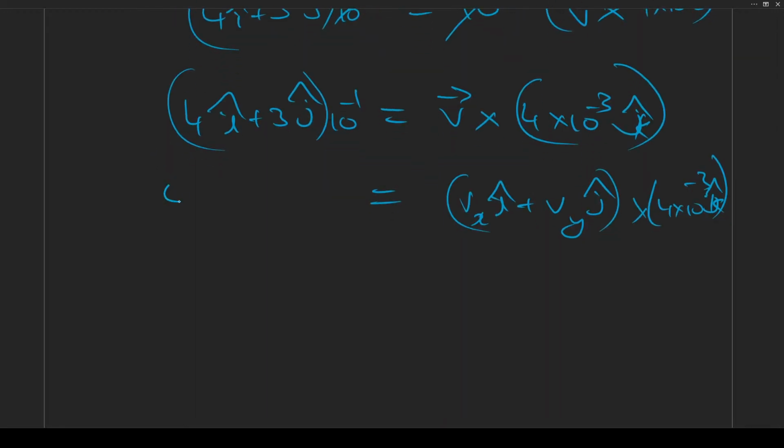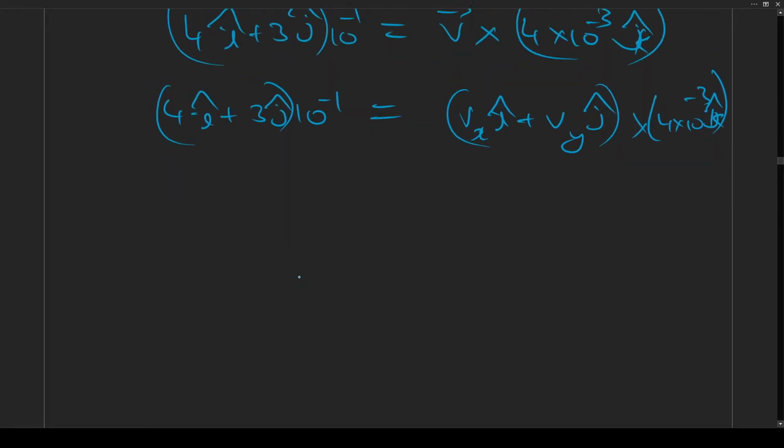And comparing coefficients, we can say that 4 into 10 power minus 1 is equals to 4 Vy into 10 power minus 3.